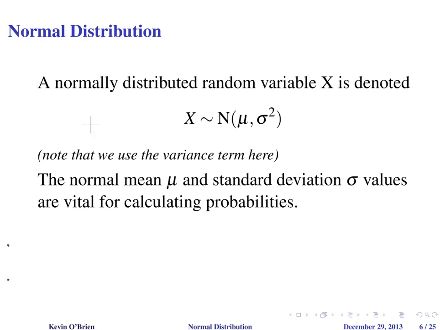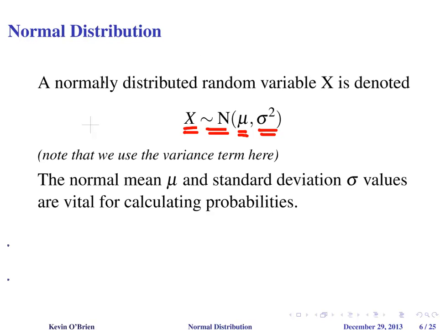So a normally distributed random variable would be denoted as follows. This is something we might see at the top of an exam question. We would say a random variable x is normally distributed with mean mu, and it's conventional to write in the variance, which is the standard deviation squared.